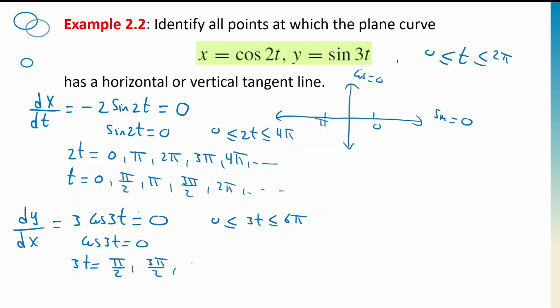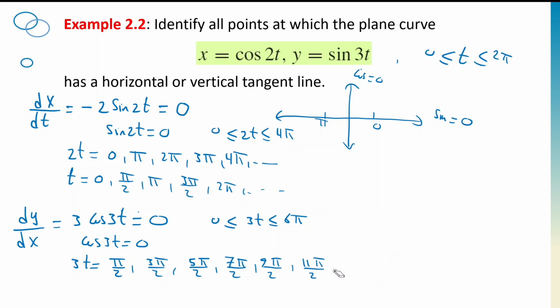So 3 pi over 2, and then I need all the odd multiples of pi over 2. Then 5 pi over 2, 7 pi over 2, 9 pi over 2, 11 pi over 2. I guess here we stop. If I add one more, it will be 13 pi over 2, which is more than 6 pi. So no need for this one.